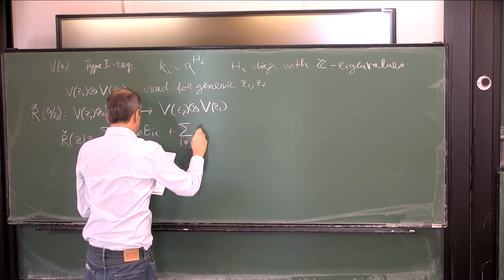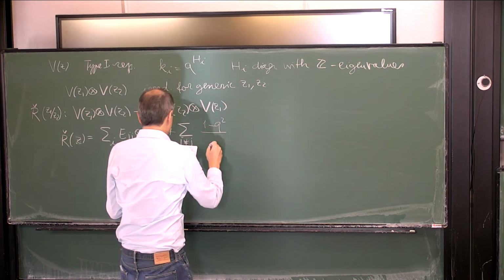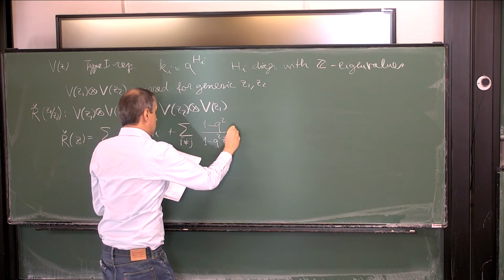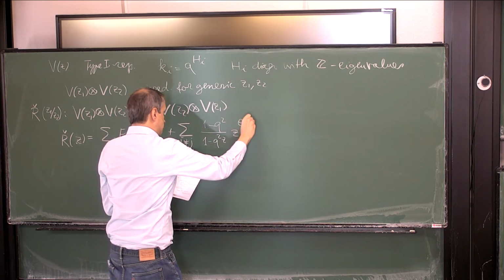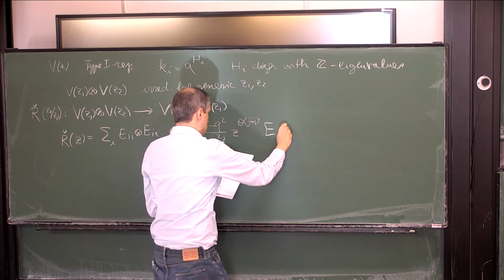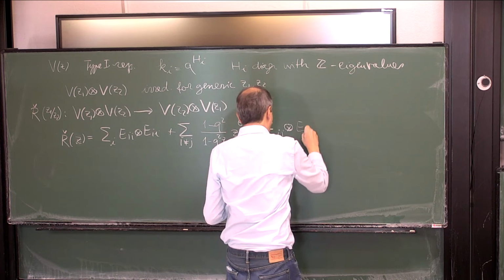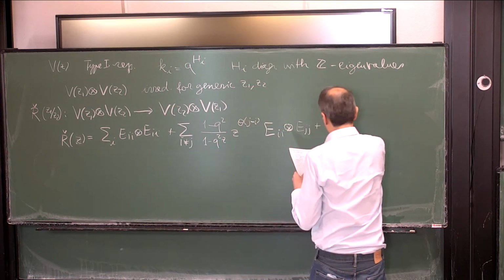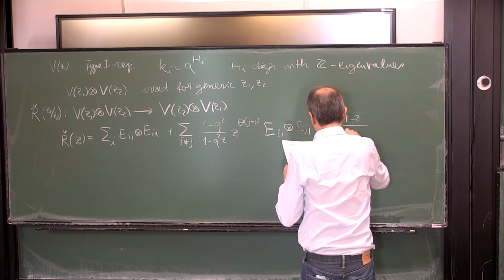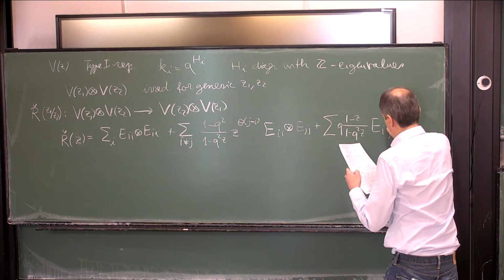So this is a formula written by Jimbo, but it is essentially the R matrix for the 6-vertex model of Baxter. So the details are not important, but I would still like to write it because it is an interesting feature.